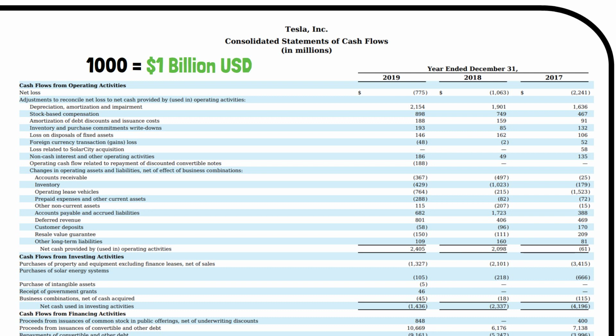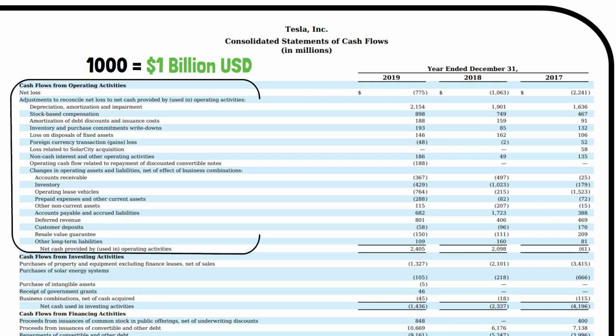The first section is called Cash Flows from Operating Activities. This section starts with the net income, or in Tesla's case, net loss from the income statement. This is Tesla's recorded loss from doing business in the year.